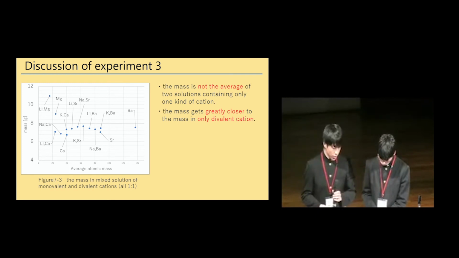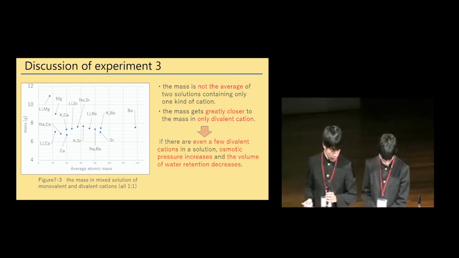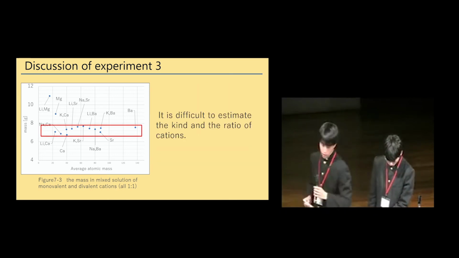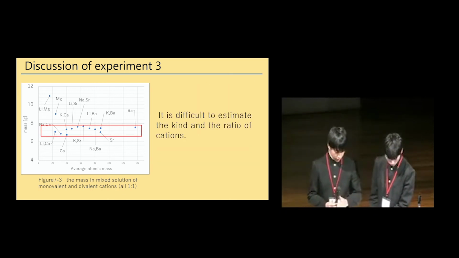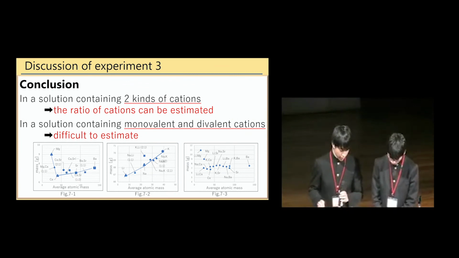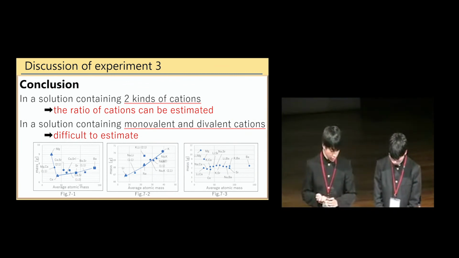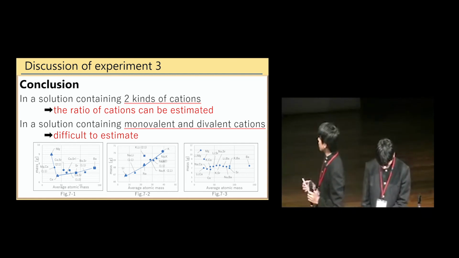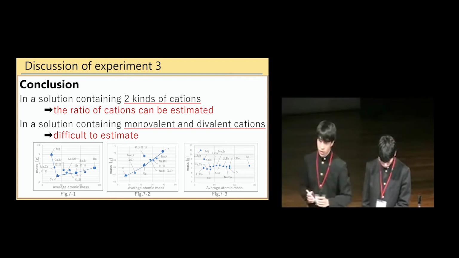However, there are many points around 7.5 grams, so it is difficult to estimate the kind and the ratio of cations. In a solution containing two kinds of cations, if the mass in a solution is on the line, we can identify the kind and the ratio of cations. But in a solution containing monovalent and divalent cations, it is difficult to estimate.